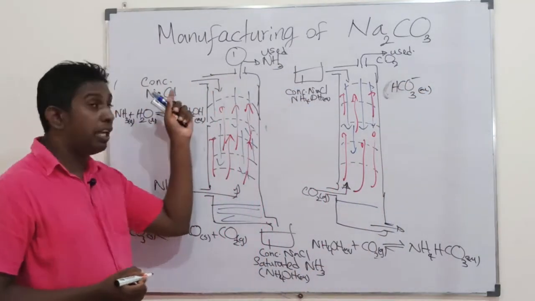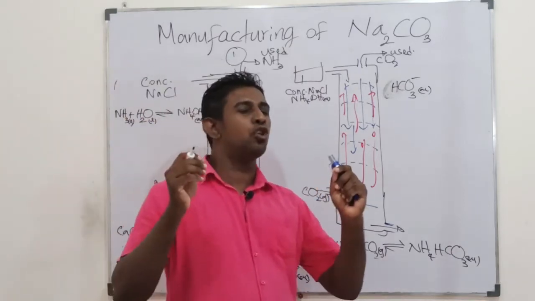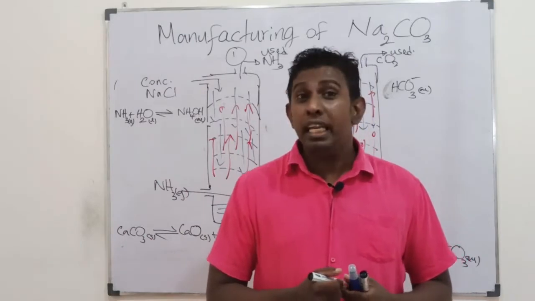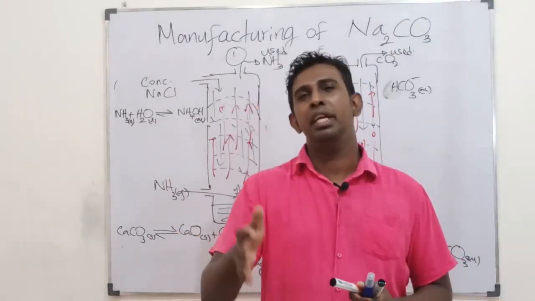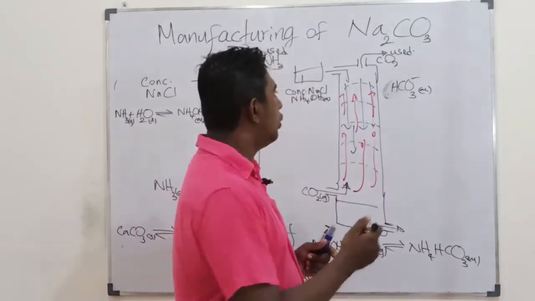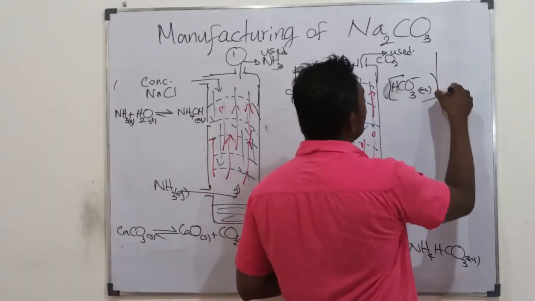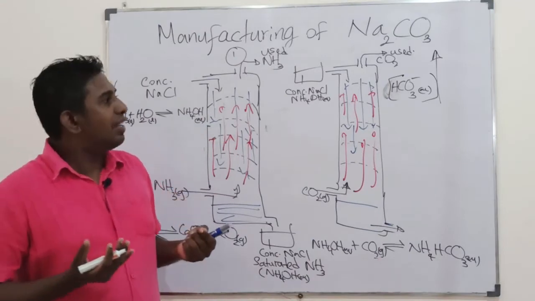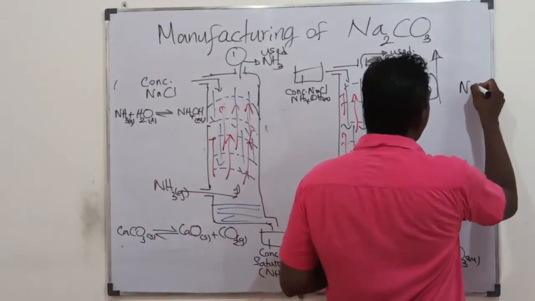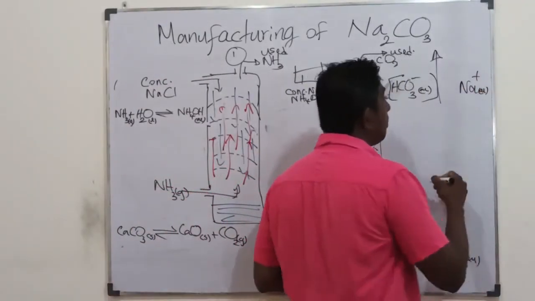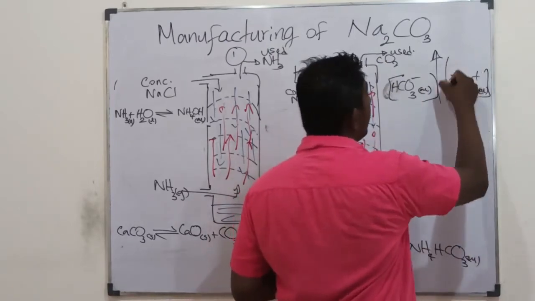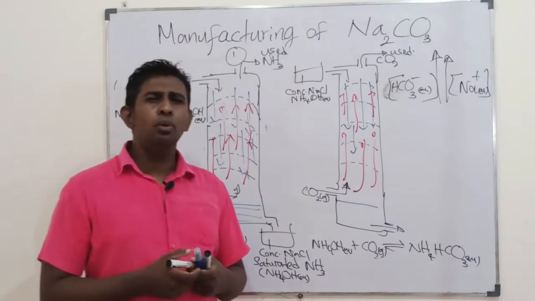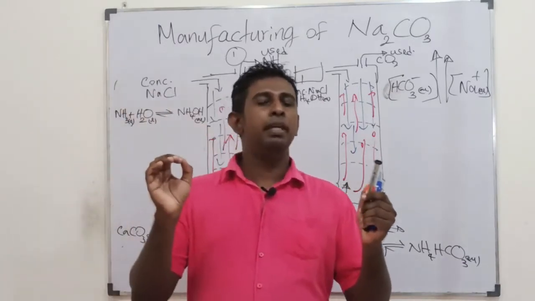At the very beginning it was a brine solution you fed at the top of the first tower. There was a high concentration of Na+. Students, the concentration of bicarbonate after this reaction is very high, as well as the concentration of Na+ from the very beginning. Therefore, normally they do not form precipitates.